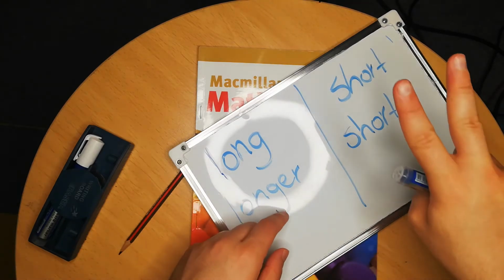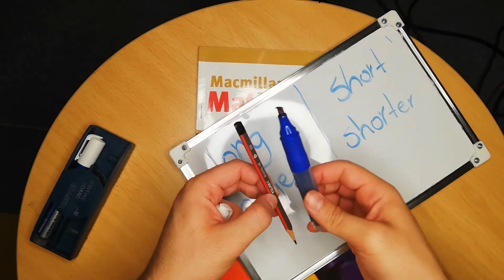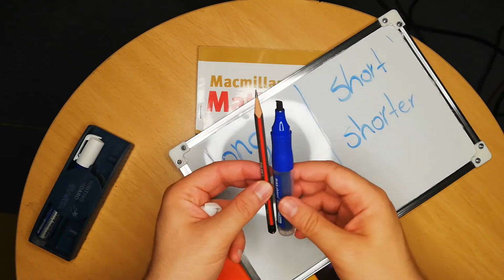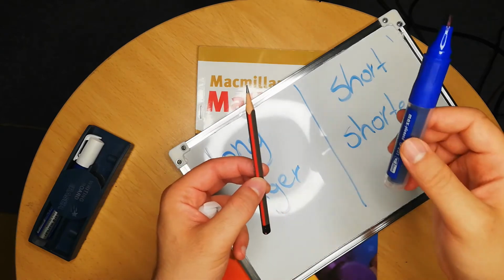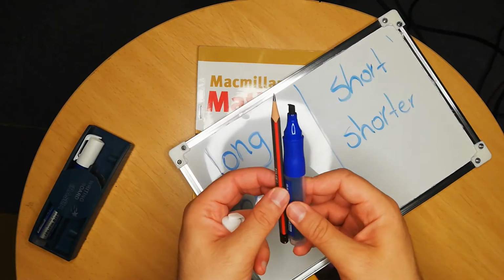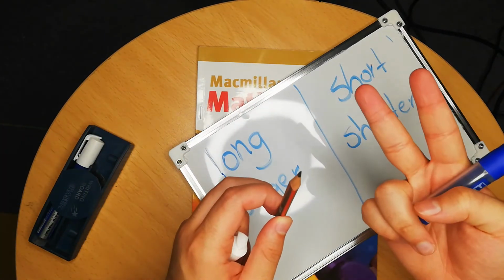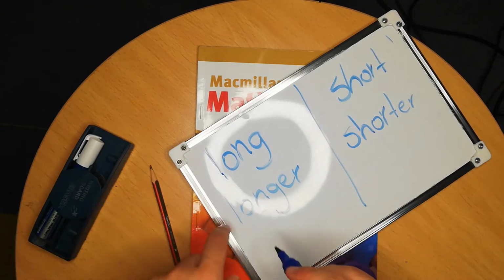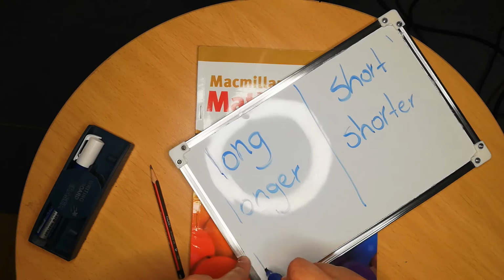That's when you have two things that you want to compare. For example, if I have these two here, the pencil is longer than the marker. The marker is shorter than the pencil. So when we have two things that we need to compare, we use longer and shorter. Okay, so we have longer and then we have longest.